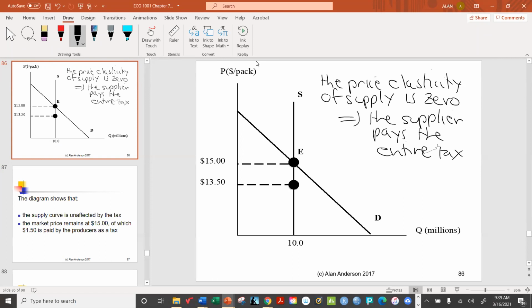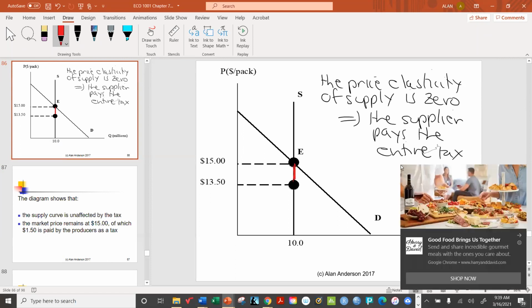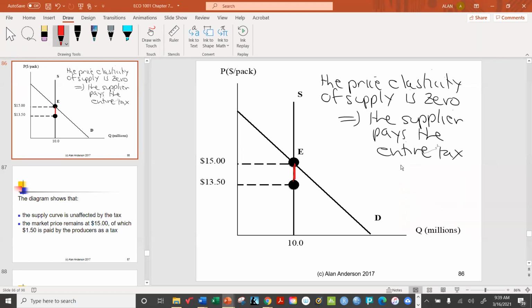So if the government comes along and says, listen, you're going to pay $1.50, there's the wedge. The supply curve being vertical means they're not able to produce any more of this product. We're stuck at 10 million. That's it. There's some reason why no more can ever be produced. So therefore, if the price goes up, they can't change the price because the demand curve won't change.